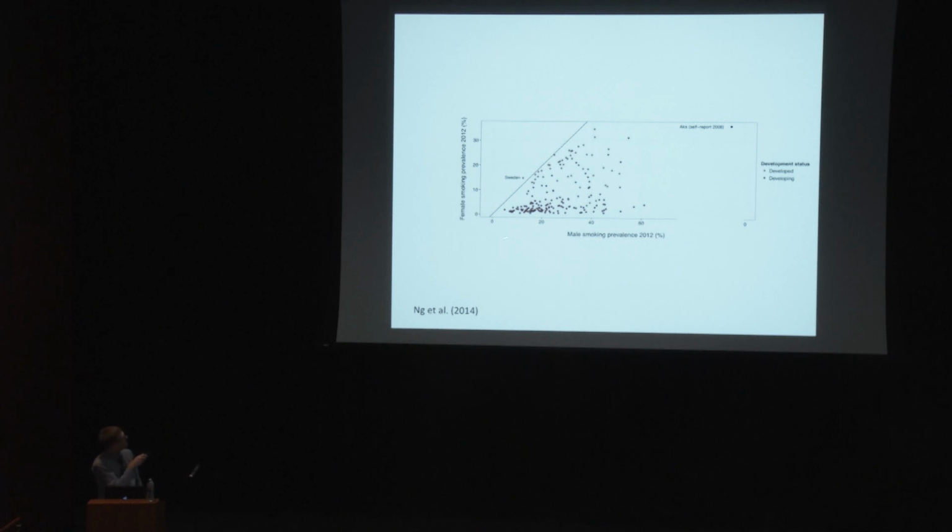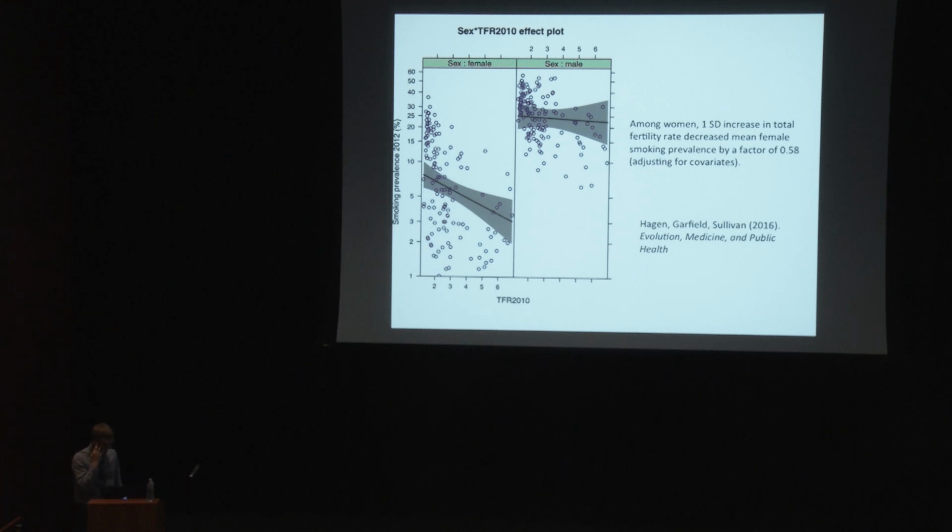Part of the variation here might be due to gender inequality, and there are good studies showing that indeed it is due to gender inequality. But my colleagues and I, and this is a colleague who did her master's thesis on this, reanalyzed this big data set that was testing the gender inequality hypothesis for drug use. She took all that data and all these different measures of gender inequality, and then she put total fertility in on it. Total fertility is how many children per capita.